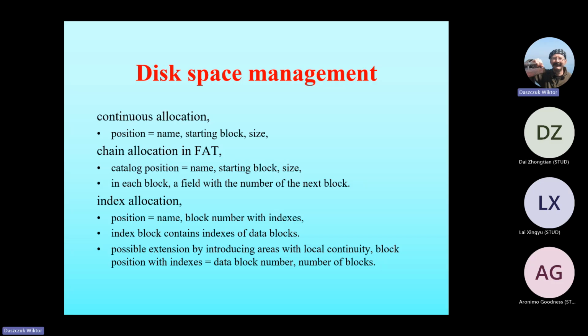The head of this chain is outside, in the directory entry. But the rest of the chain is in FAT. FAT is file allocation table.